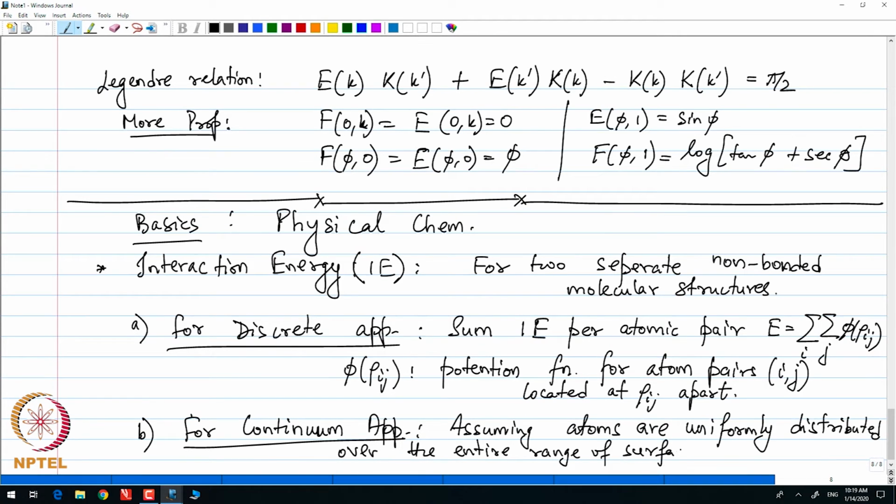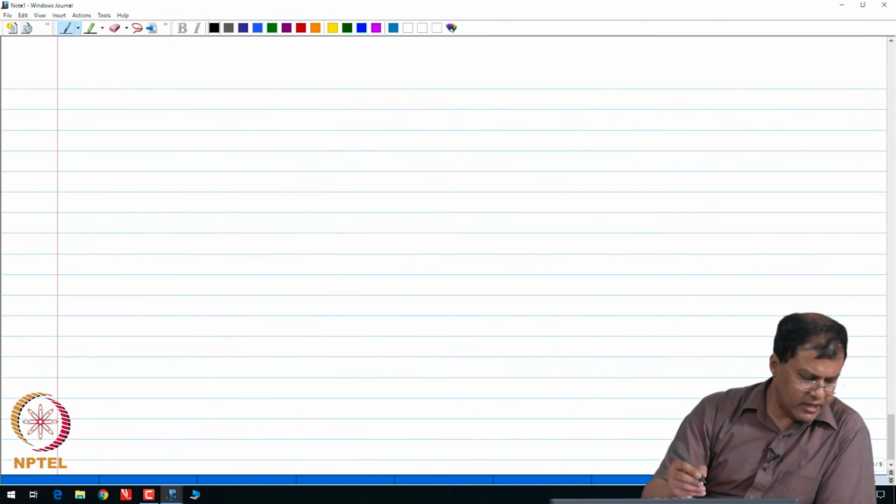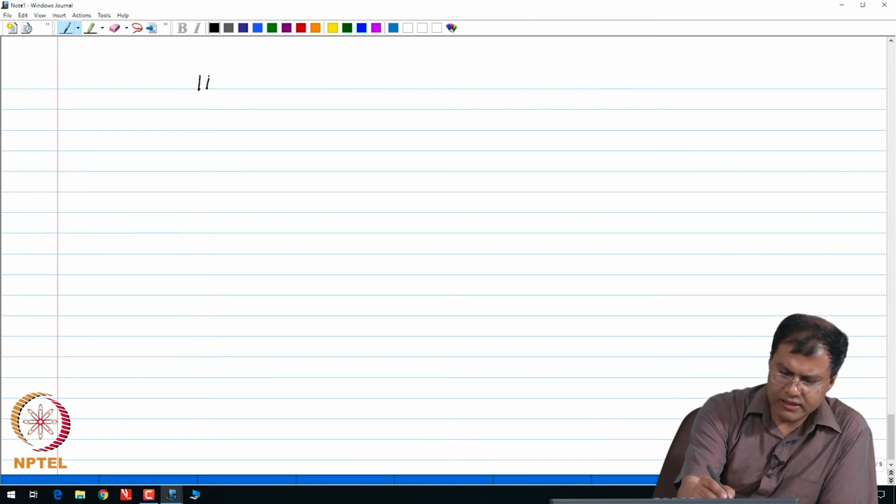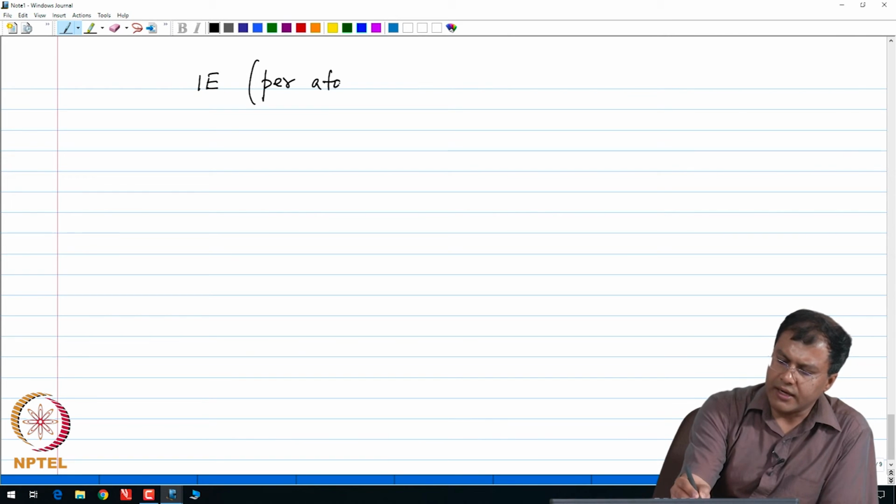Essentially, we do not want a non-uniform distribution, otherwise the integration may not hold or may not make sense. So, assuming the atoms are uniformly distributed over the entire range of the surface, I can describe my interaction energy per atom pair as follows.